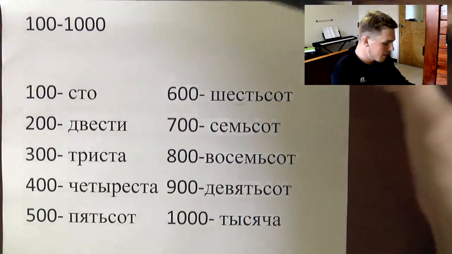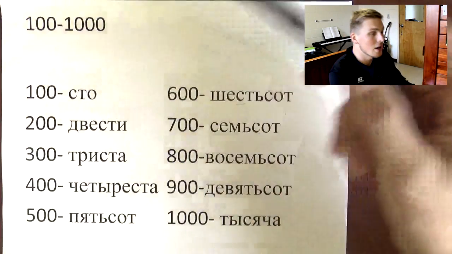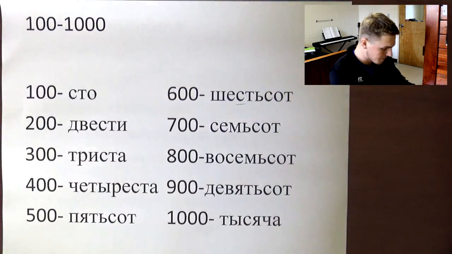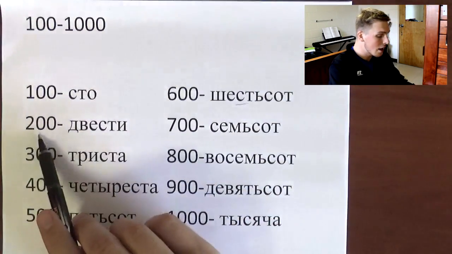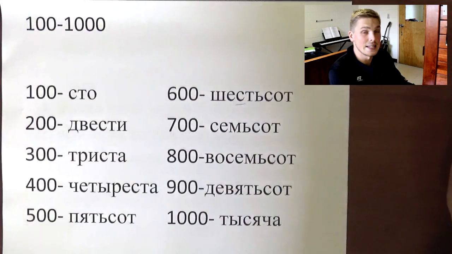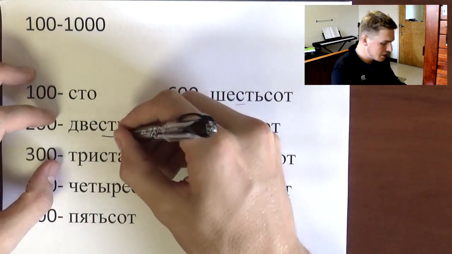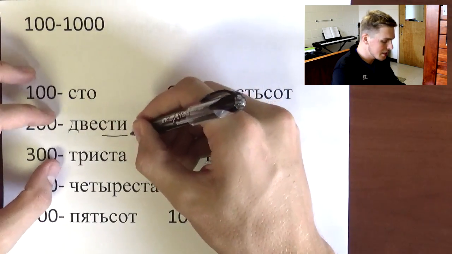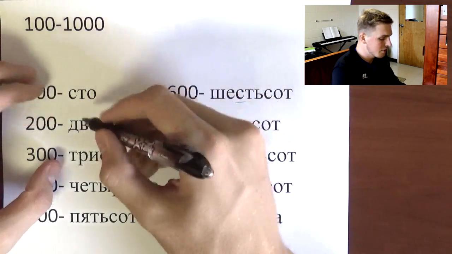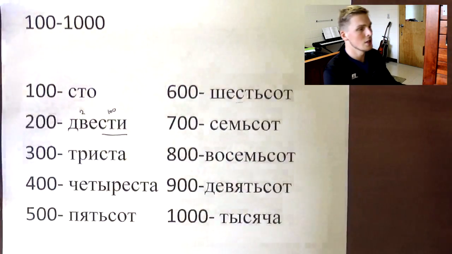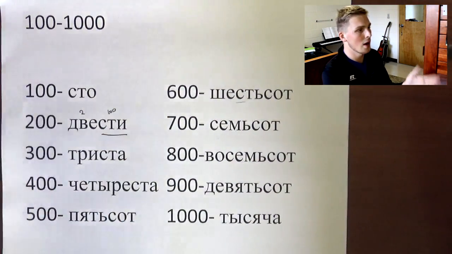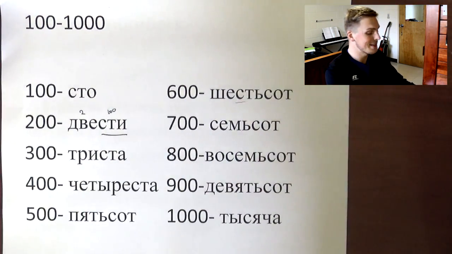As I said already, 100 is going to be 100. And then 200 is going to be 200. So we have st at the end, which is going to represent 100, and we have 2, so it's 200.